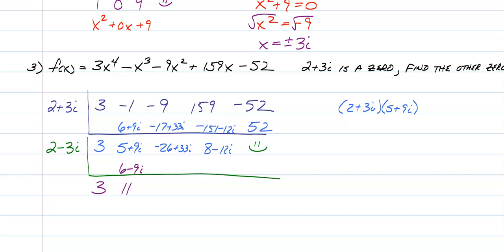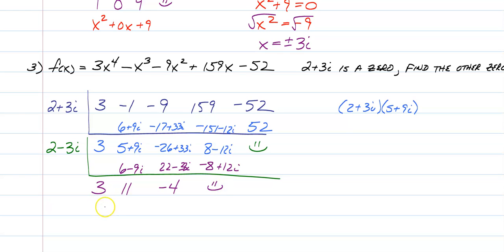And then you're going to multiply that together. 2 times 11 is going to give you a 22, minus, and then you're going to have your 33i. And look, -26 plus 22 is going to give you a -4, but your positive 33i and your negative 33i are going to cancel. And you're just going to keep on doing that until you end up with a -8 plus 12i. Those are going to both cancel, and you have no remainder.